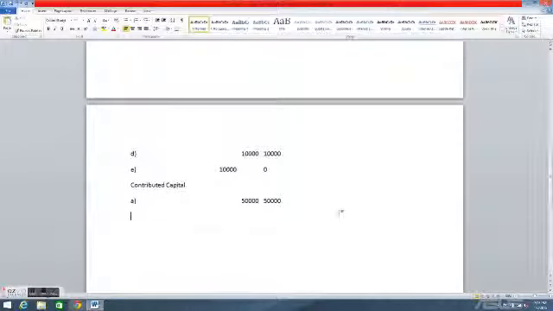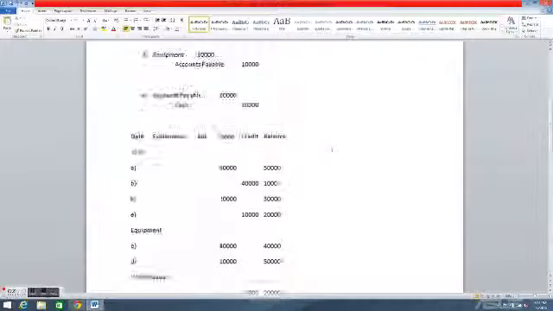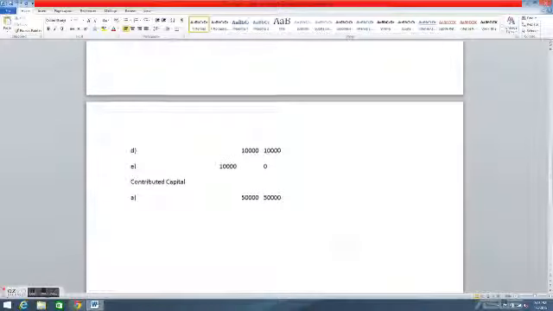So now I will prepare a balance sheet for this period. And the balance sheet is a snapshot of a company's asset, liabilities, and owner's equity accounts at a given date, and it's usually recorded at the end of the period. So I will prepare a balance sheet for the end of this fictional period that I made.